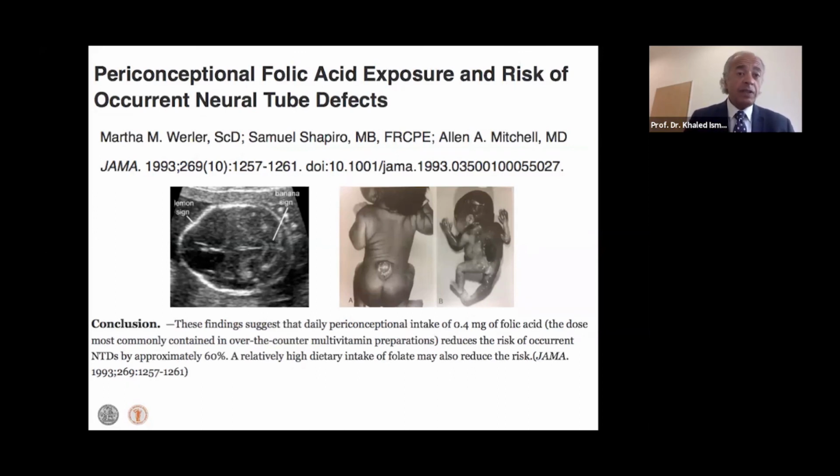In fact, the recommendation is that women who are planning to get pregnant should take folic acid 2 to 3 months before they get pregnant, to ensure that the level of folate in the system is high enough to achieve its effect when they are pregnant.